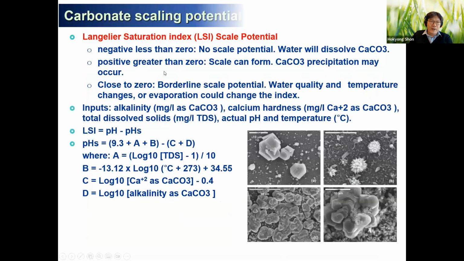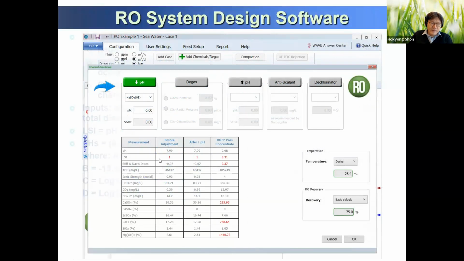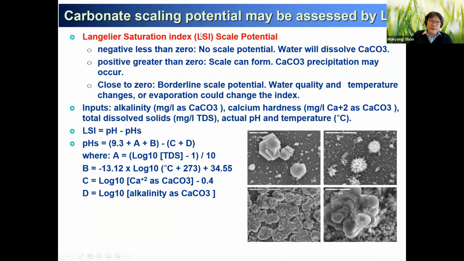So if you see the LSI value, as I mentioned, LSI value is 113.31. So if LSI value is more than 0, you have a scaling that can form. So positive, greater than 0, scaling can form. Negative, less than 0, is no scaling form.